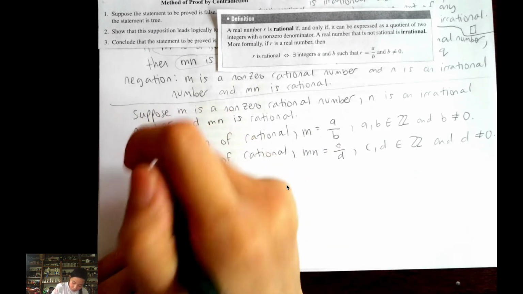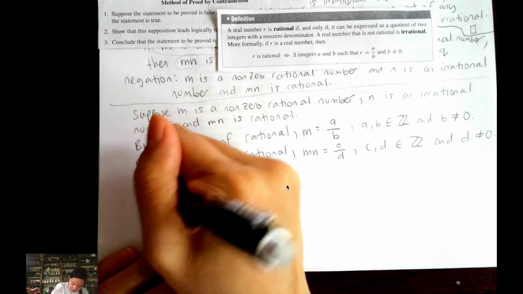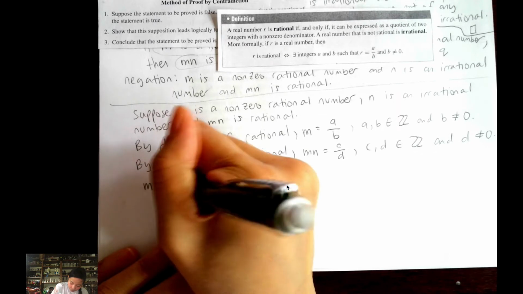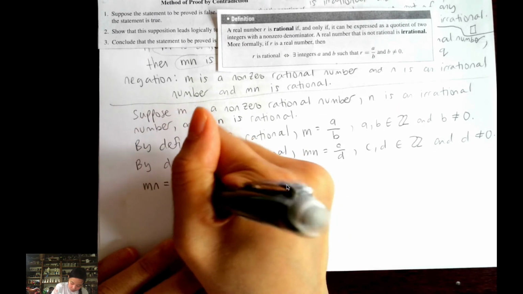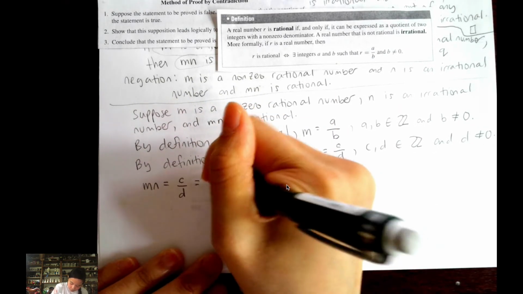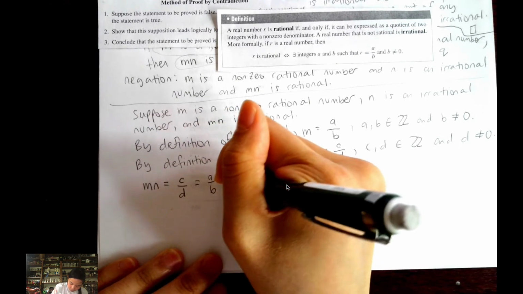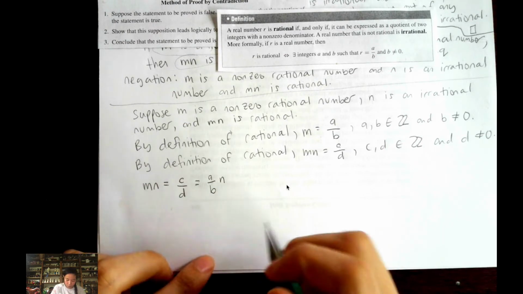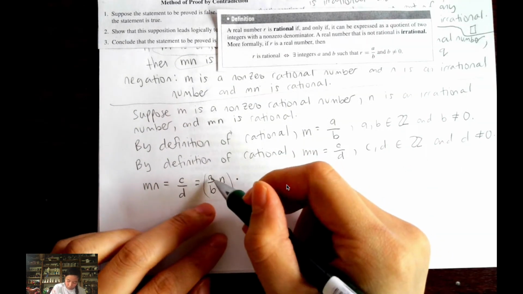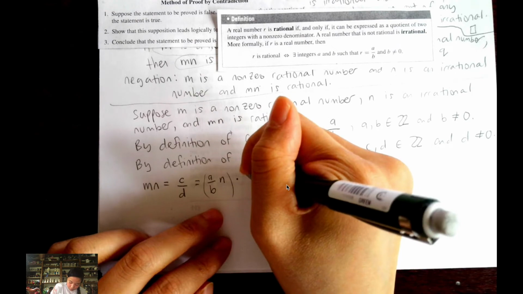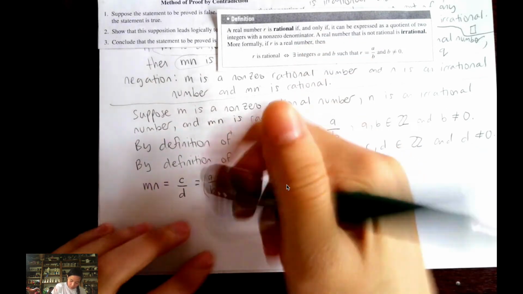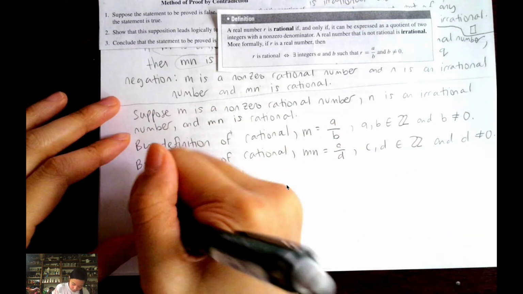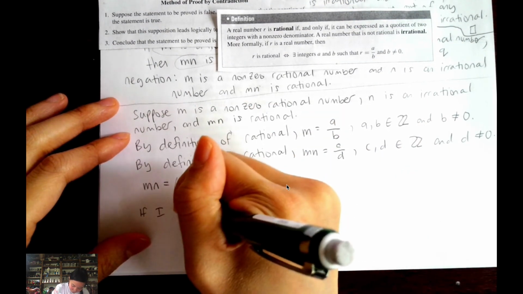So we could say mn equals c over d, which equals a over b times n. So how do we get just n? Well, we have to multiply both sides by the reciprocal of a over b, so b over a.